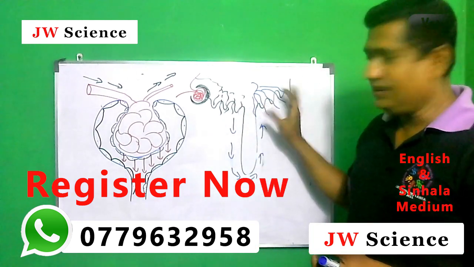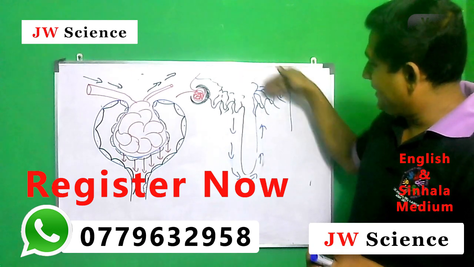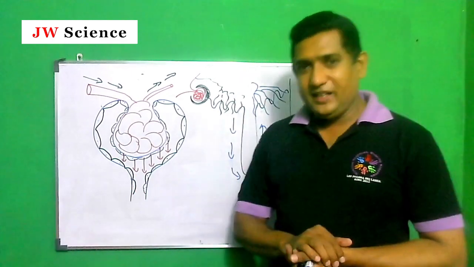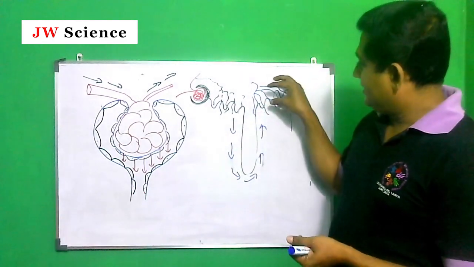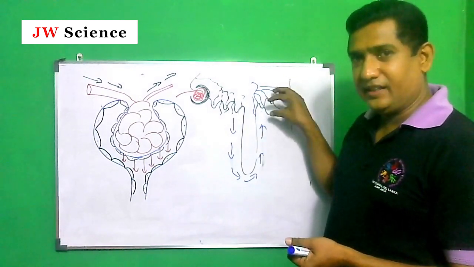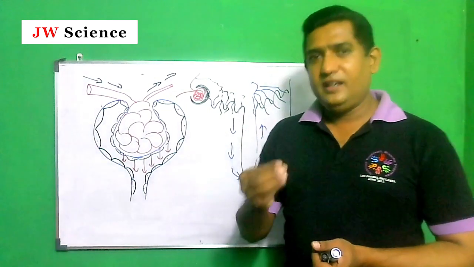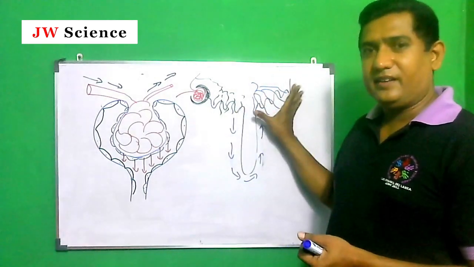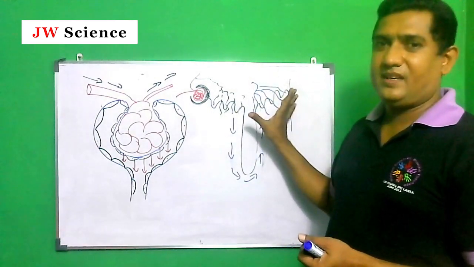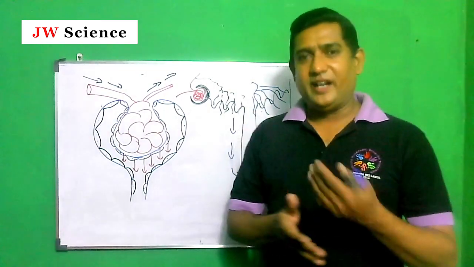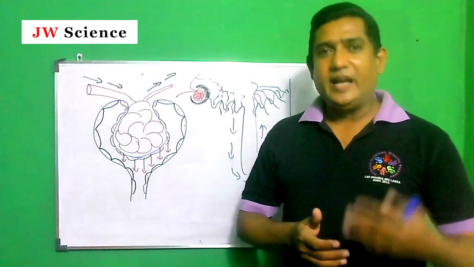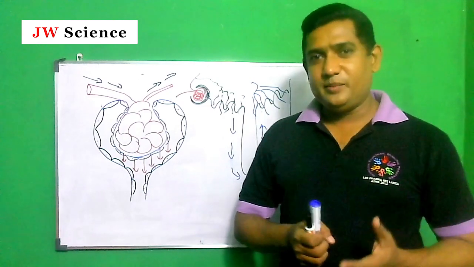What happens here? Again, through a capillary network, this blood vessel can secrete some substances from blood to the glomerular filtrate in this area, such as some ions like hydrogen ions, ammonium ions, and potassium ions.